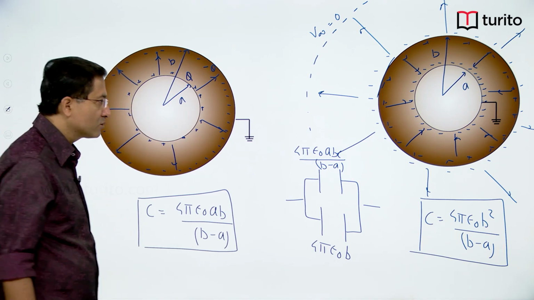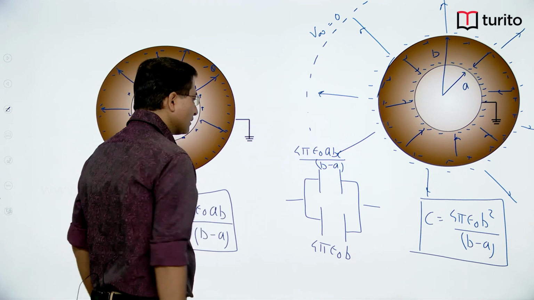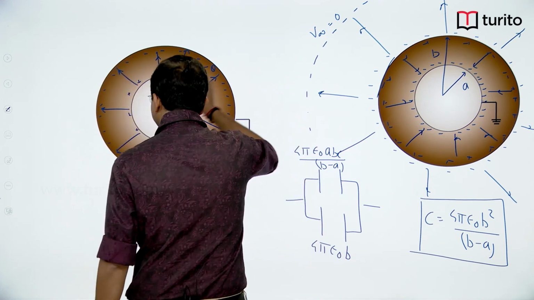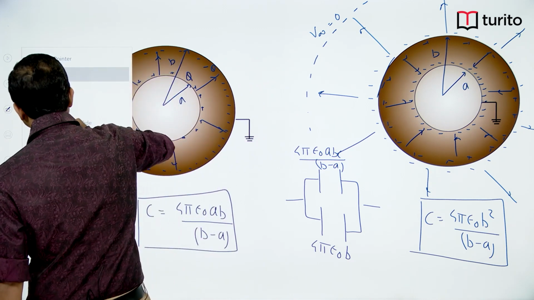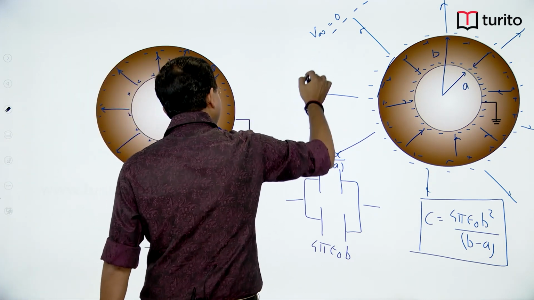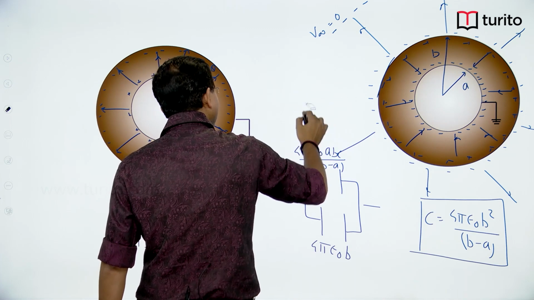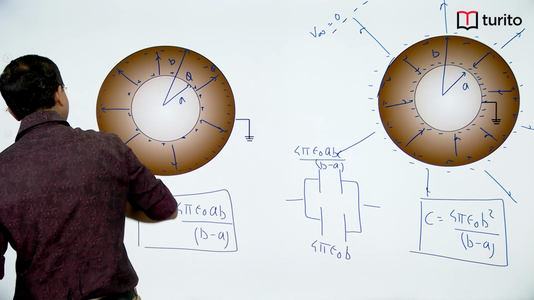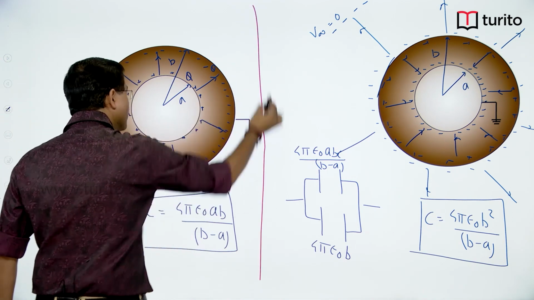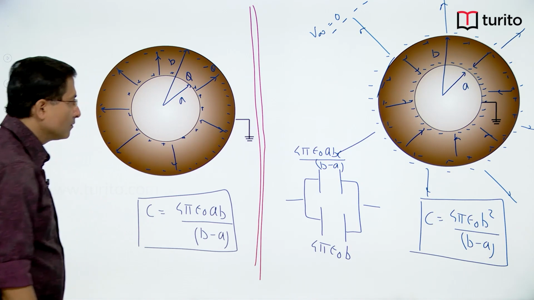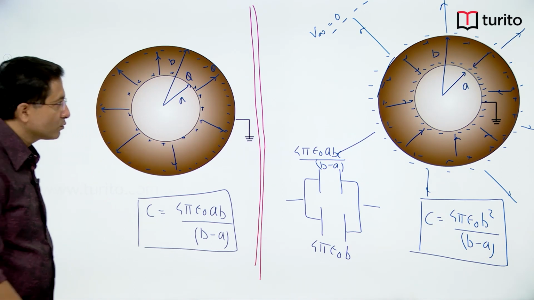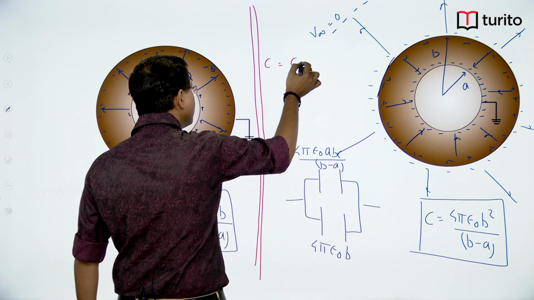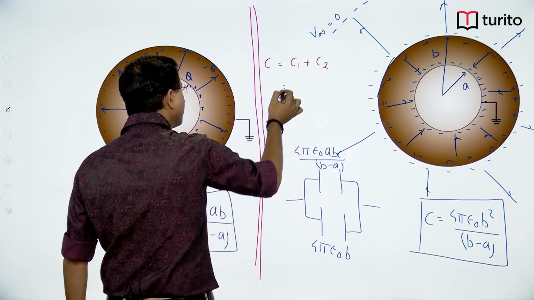Now, as I can see, both are connected in parallel, the formula is C1 plus C2. So, the equivalent capacitance of this arrangement, C is equal to C1 plus C2, because both are in parallel combination.